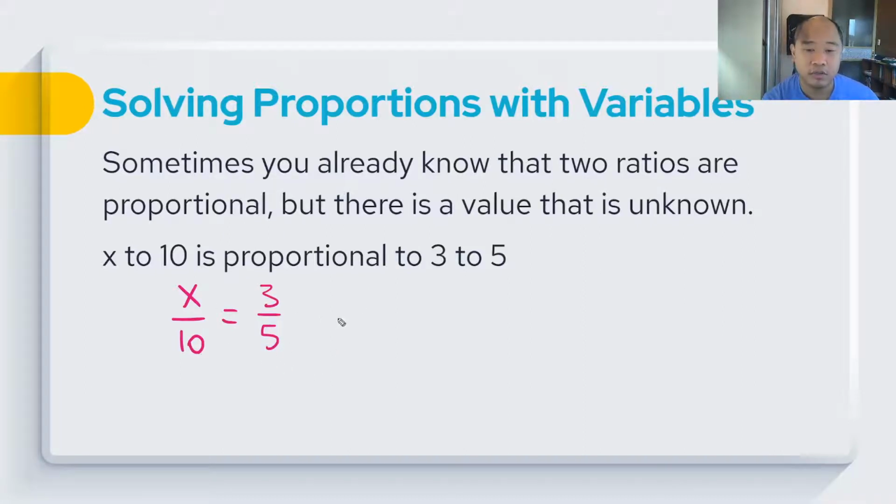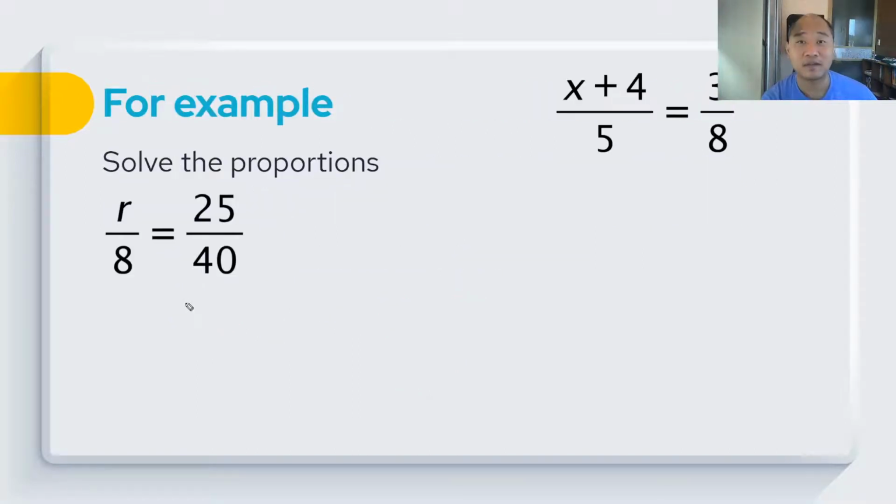I'm not going to use the equal sign here; maybe I'll use an arrow. 3 times 10 is 30, which is equal to 5x. Divide both sides by 5 and you get 6 equals x. All right, I'd like for you to solve these proportions on your own.